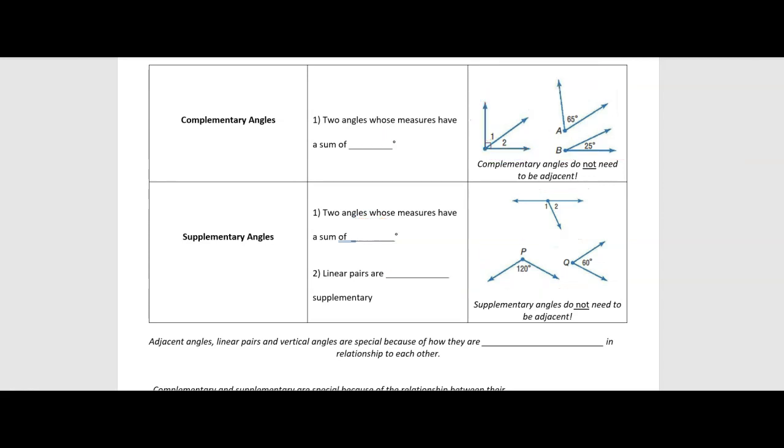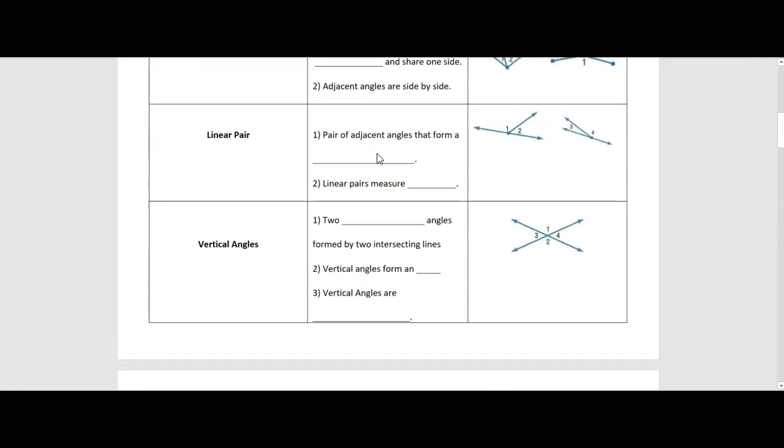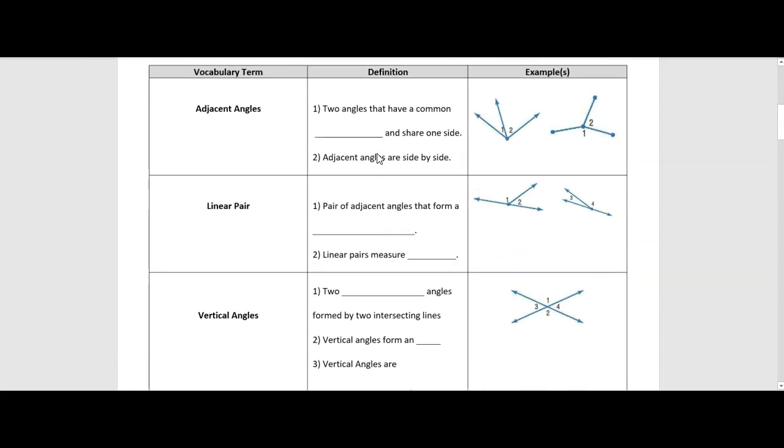So we talked about a couple different categories here. We talked about a first set of categories, the adjacent, linear, and vertical. And these all had to do with the angle's position or the angle's orientation, right? Adjacent, linear pair, and vertical. You can say some things about their measurements, like linear pairs always measure 180, but linear pairs have to be specifically set up right next to each other, right?